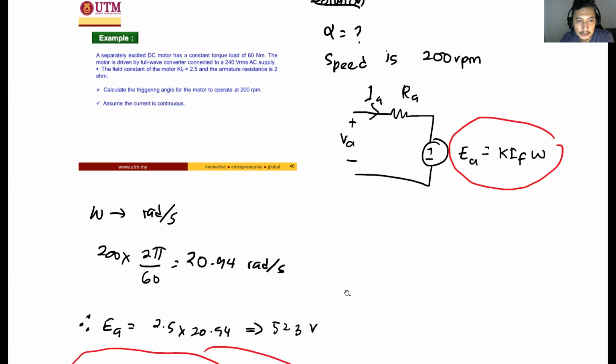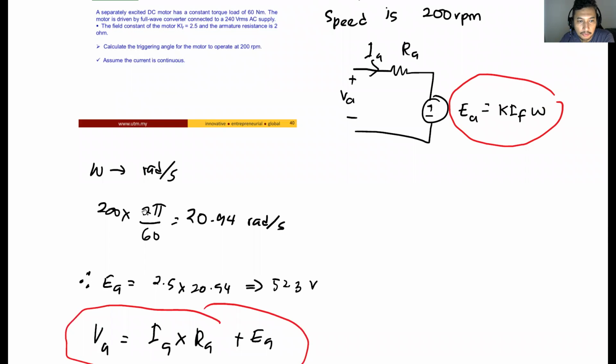The conversion can be simply done by using this formula: the rotation per minute multiplied by the full rotation, 2 pi, over 60 seconds. Because we have rotation per minute, you need to convert into radian per second. So this gives 20.94 radian per second, and we have already calculated this.